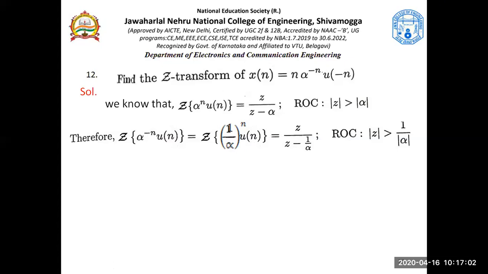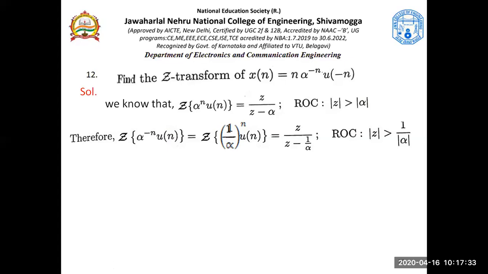Now, let's attach a negative sign to this also. Everybody is okay with this? Let's attach a negative sign to this n also. Okay. Now, after we attach a negative sign to that n, can we use any of the properties which will readily give us the z transform of that signal by negating n?